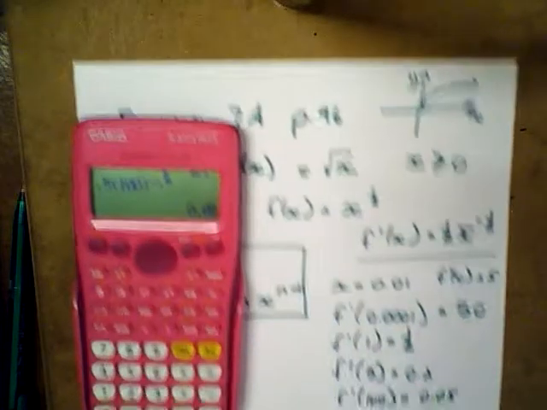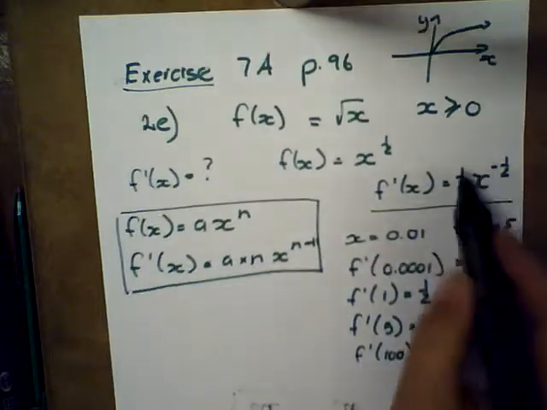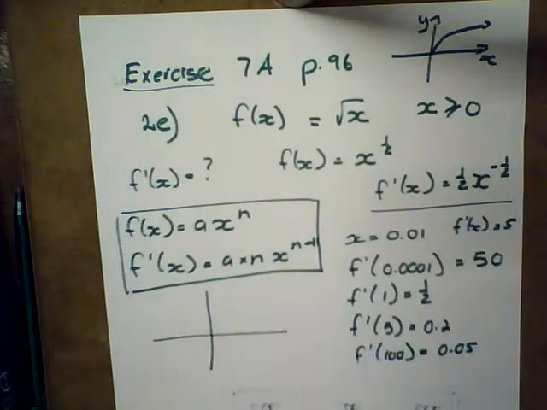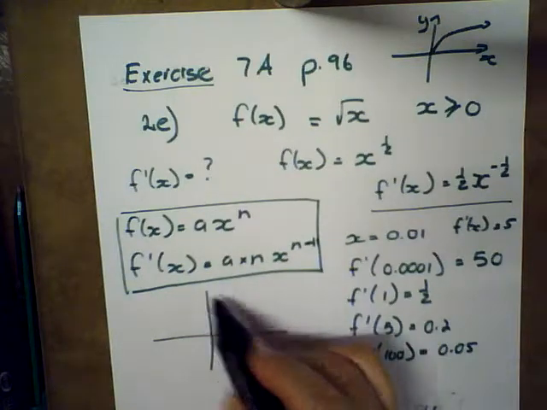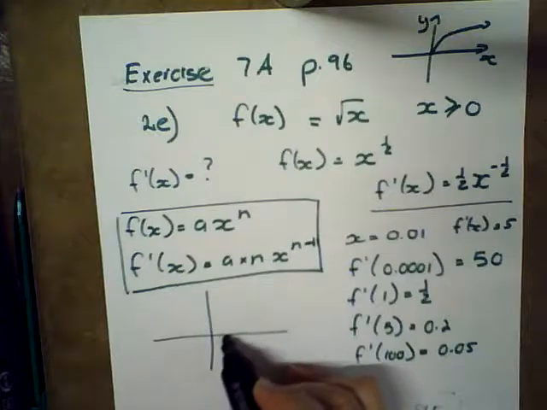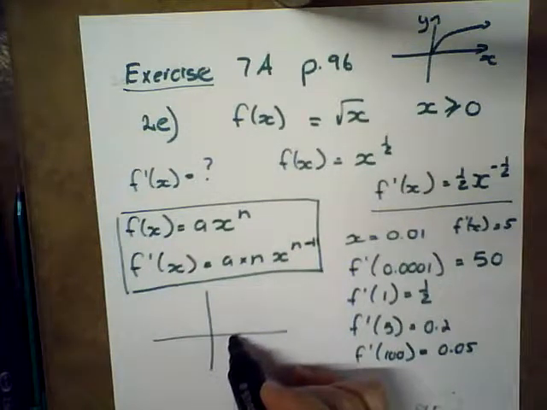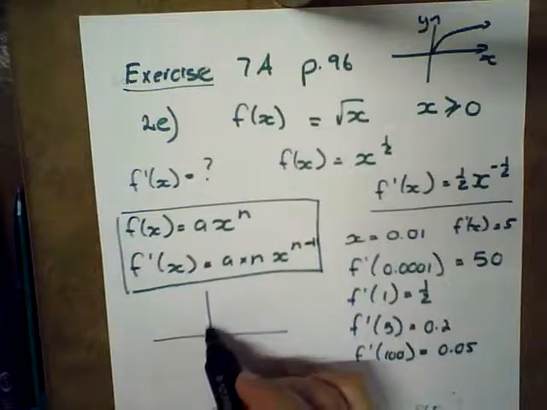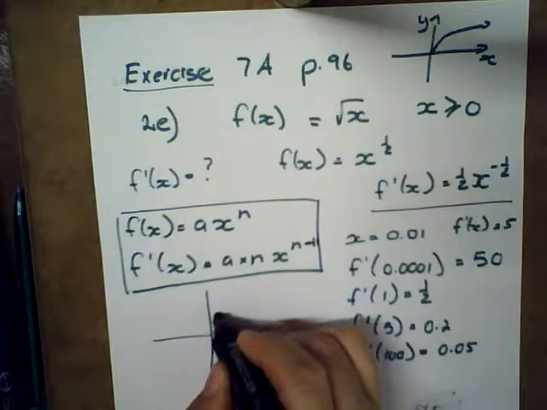Okay, and therefore we can deduce that this function will look something like that. As x decreases towards 0, or as it pushes along to the y-axis, this function will increase.